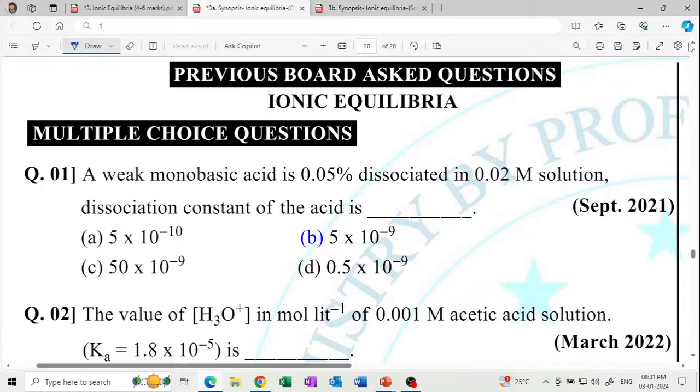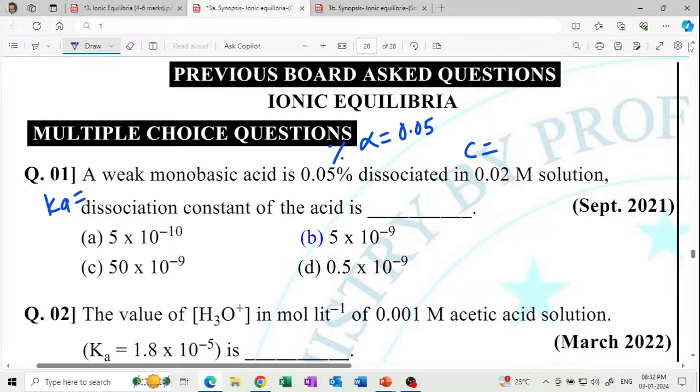A weak monobasic acid is 5% dissociated, so the alpha value is given as 0.05. The concentration is given, and we have to calculate the dissociation constant of the acid.